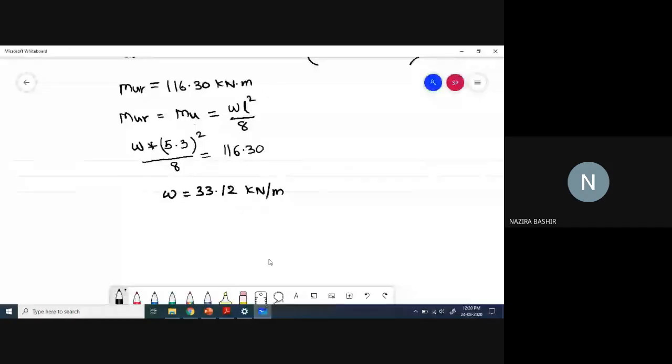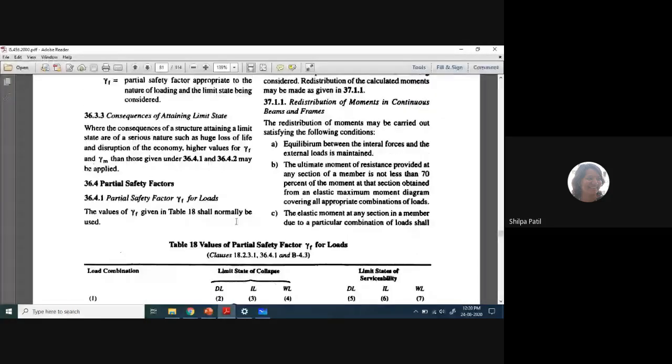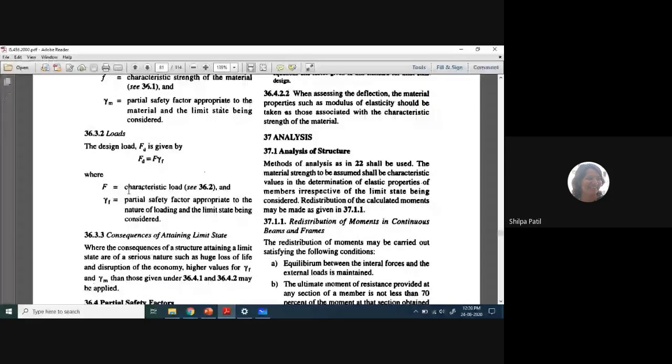Ma'am, can you repeat, please? Okay. See, we have already discussed how to calculate the design loads. Whenever we design any beam, any slab, any column, we always design it for design load. Design loads are obtained by applying partial safety factor to the working loads. So this is a formula, FD equal to F into gamma F. Gamma F is your partial safety factor, F is your characteristic load or working load, and FD is the design load.